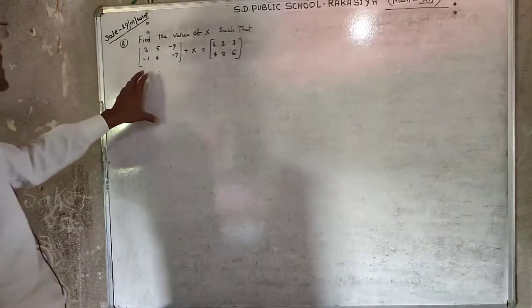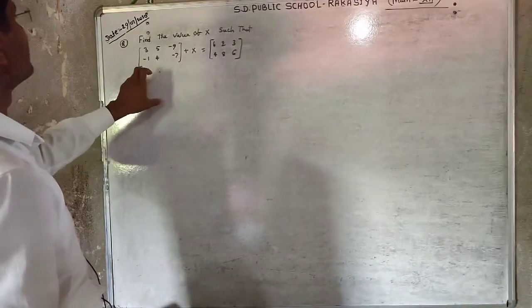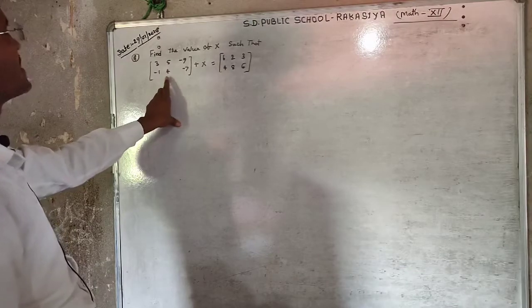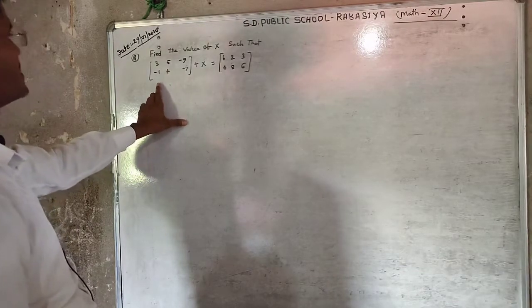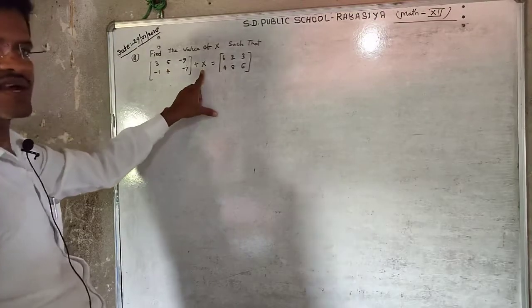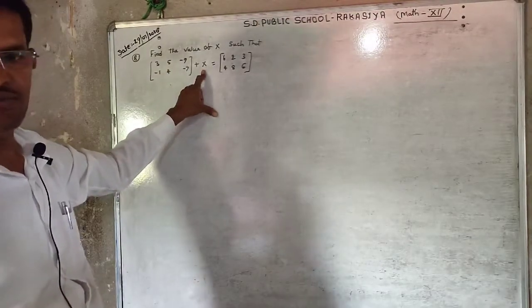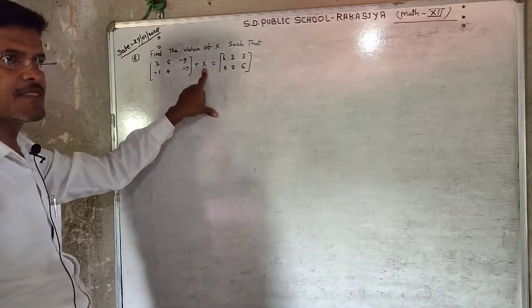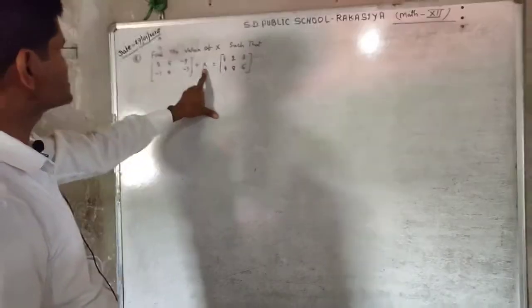In the next question, the relation between three matrices is given; two matrices are known and the third matrix X is not known. It is an unknown matrix, and we have to find it.